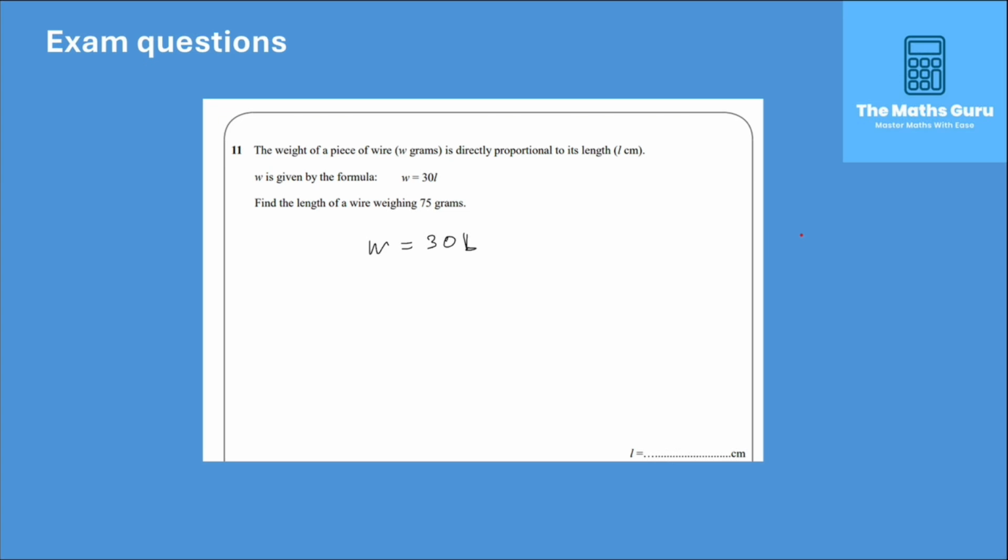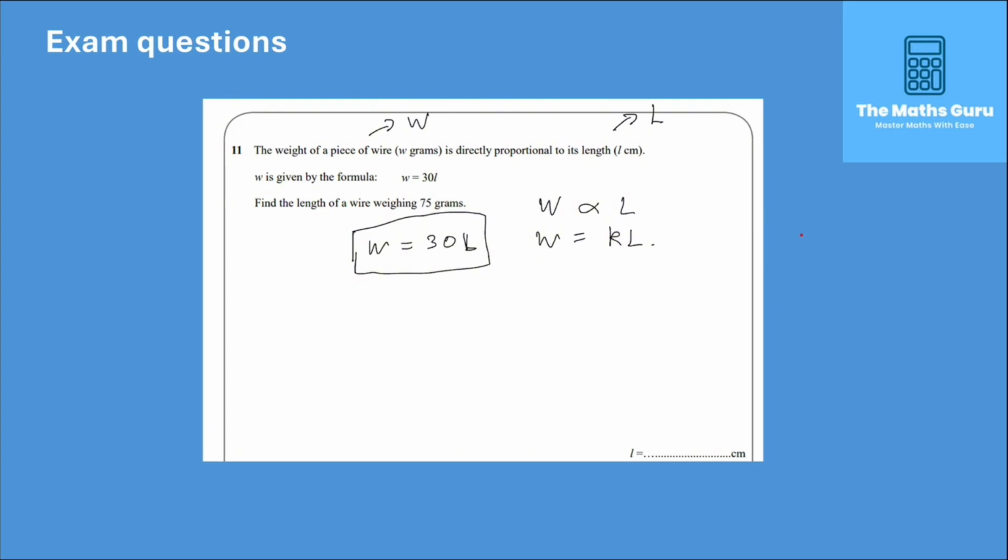So this is a very similar question to our directly proportional. And if we were to take it a step backwards, we'd say that this is our W, our wire, and this is our L. We'd say that W is proportional to L, meaning W is equal to kL. They've taken it a step forward and given us the actual formula, saying k is equal to 30 in this case.